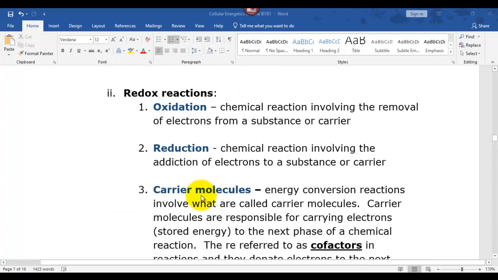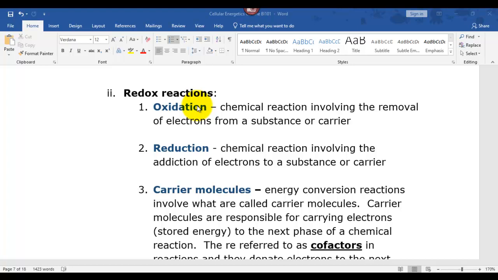So a couple of chemistry terms and then some cofactors, and then we'll get to it. In organic chemistry, this term oxidation or oxidizing is a reaction in which electrons are removed from a substance or a carrier molecule or cofactor.